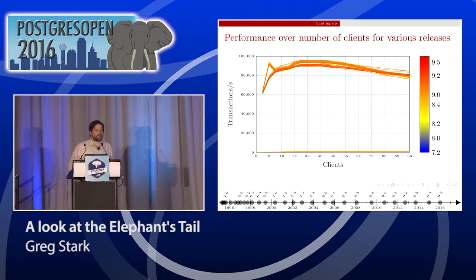I think this might be the last question. One quick one: did you spend much time working out the configurations across all those different versions for some kind of a baseline for these tests? So I used the default config. One of the things this is showing is that the default config has changed over time as well.